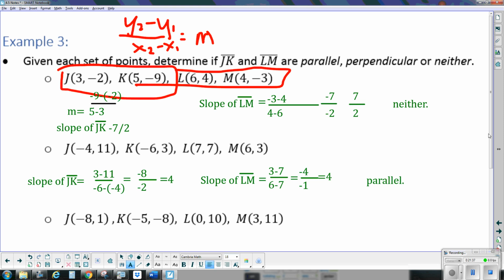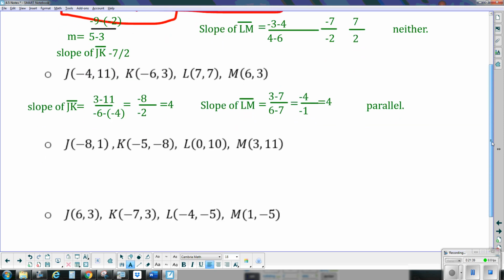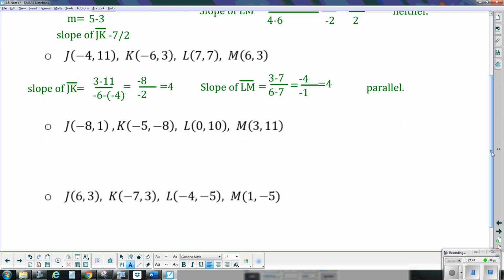So please pause the video and try these next two on your own, and you can unpause for the solution.